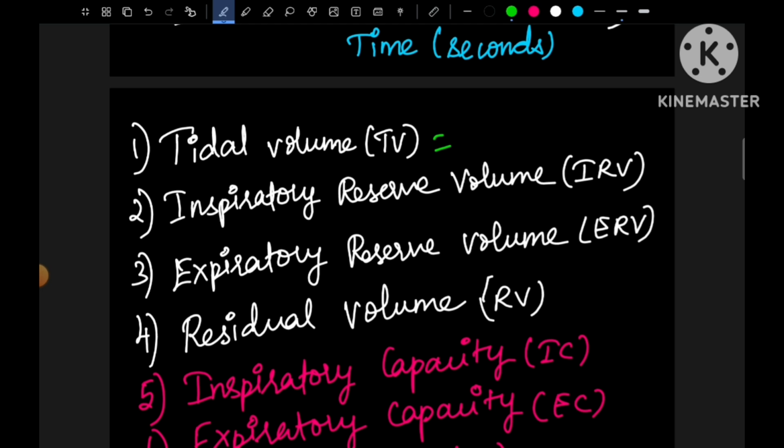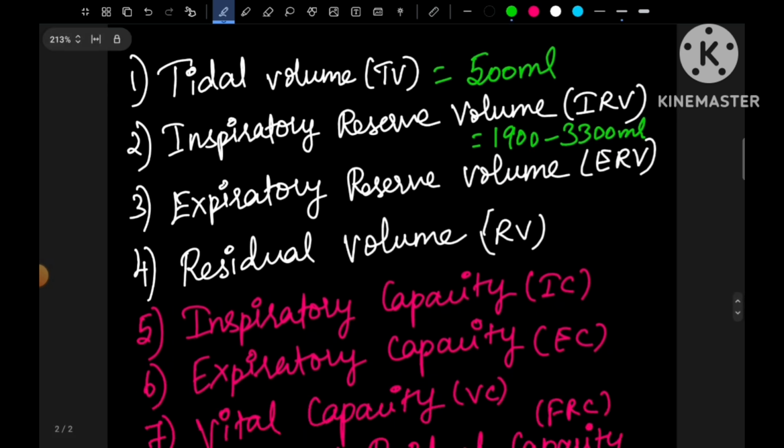The first one, tidal volume, is about 500 ml. Inspiratory reserve volume is approximately, it's an approximation, so I'm just writing the range, 1900 to 3300 ml. What is the expiratory reserve volume? It is 700 to 1200 ml.